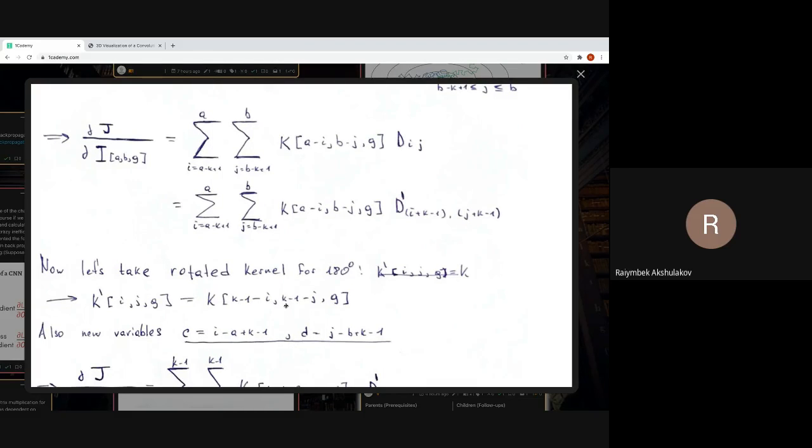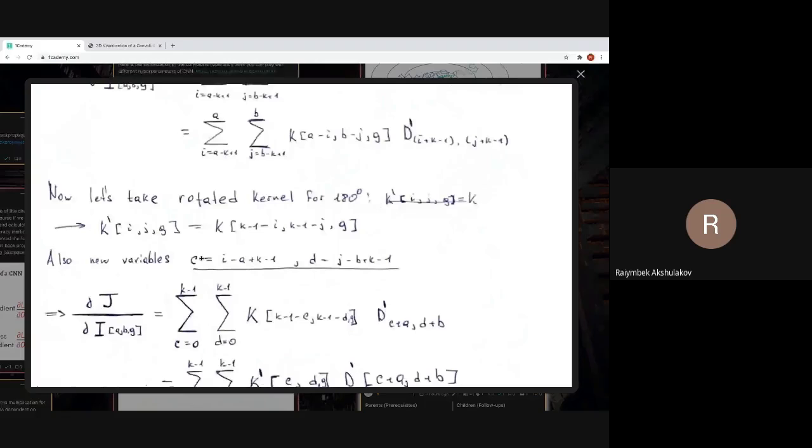Now we can transform this into K prime. But before, we need to apply a new variable. Let's say c equals i minus a plus k minus 1, so c goes from 0 to something, and d equals j minus b plus k minus 1, so d also goes from 0 to something.